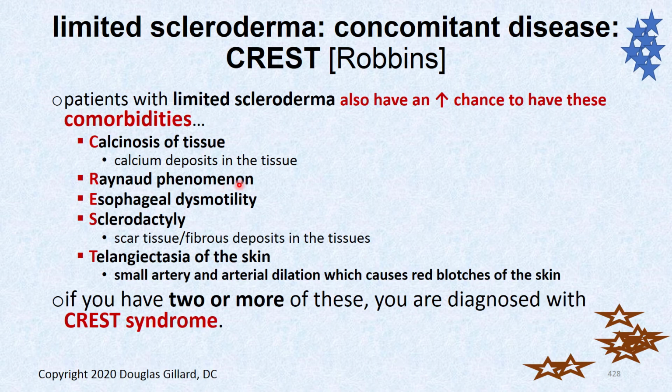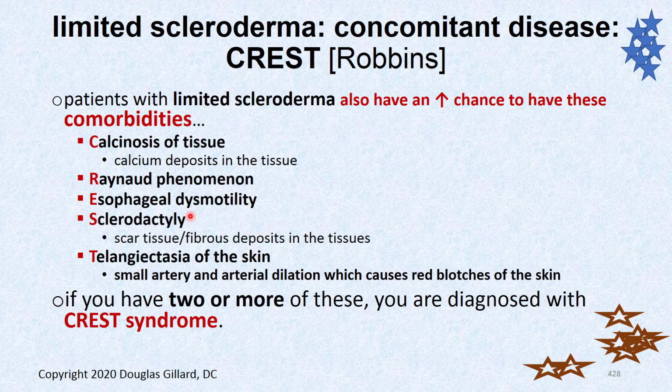Raynaud's phenomenon, that's secondary Raynaud's is what we're talking about now. And esophageal dysmotility syndrome is a member of this as well. Sclerodactyly is a member of this, where you get fingers all scarred up.